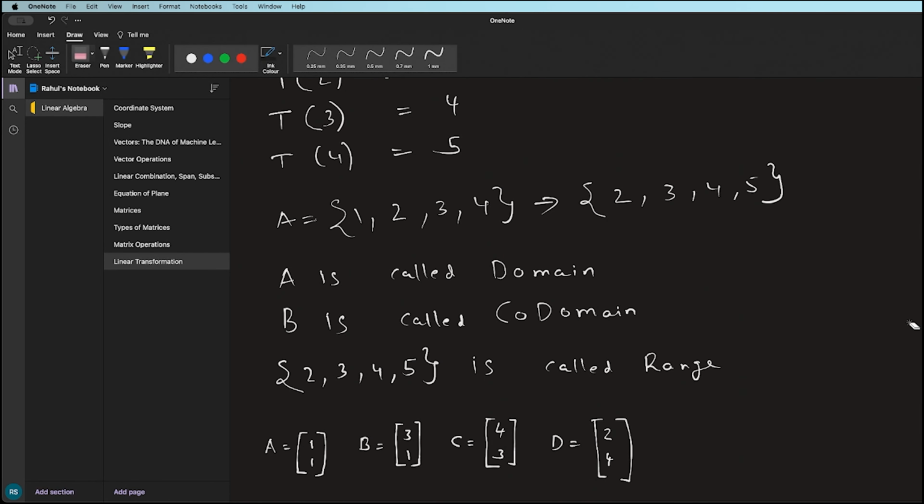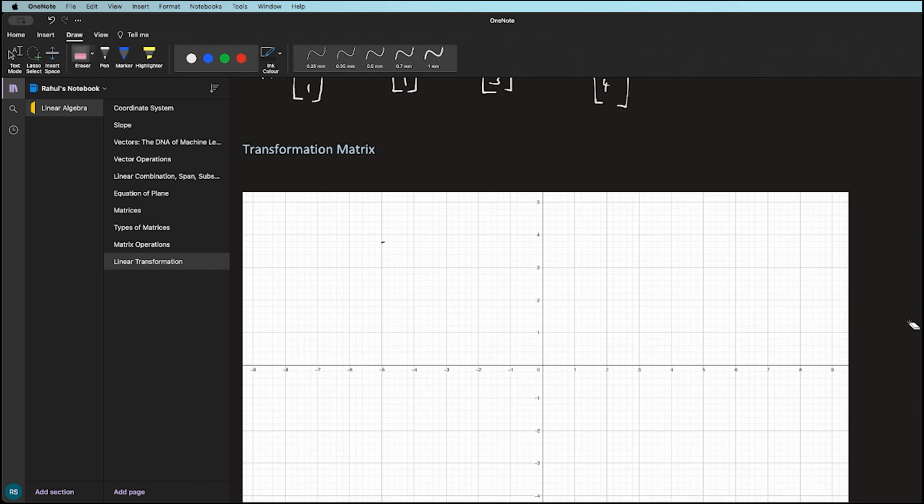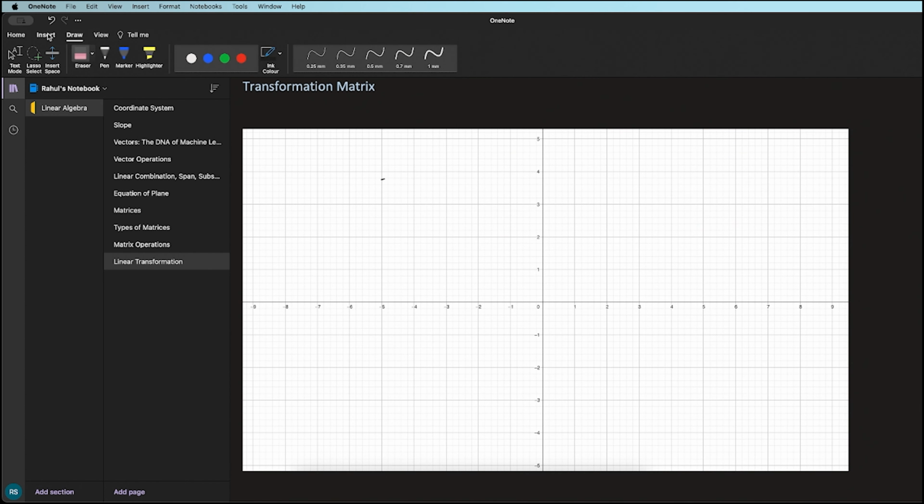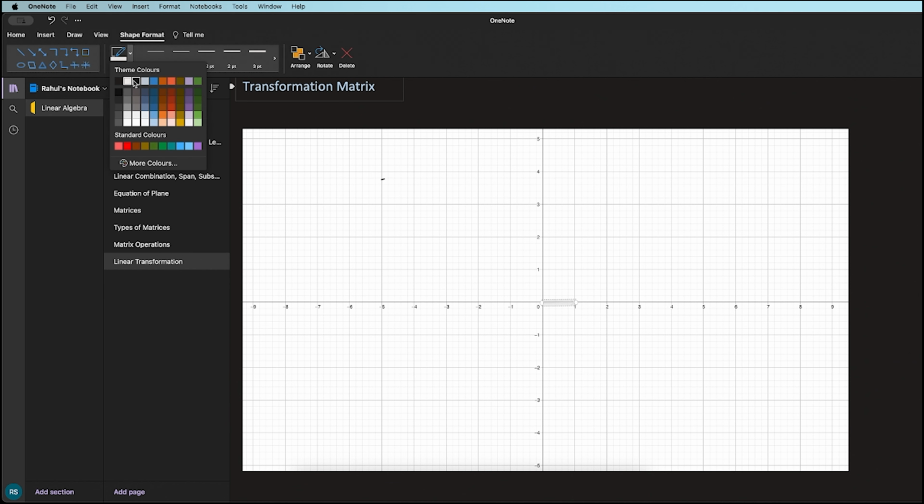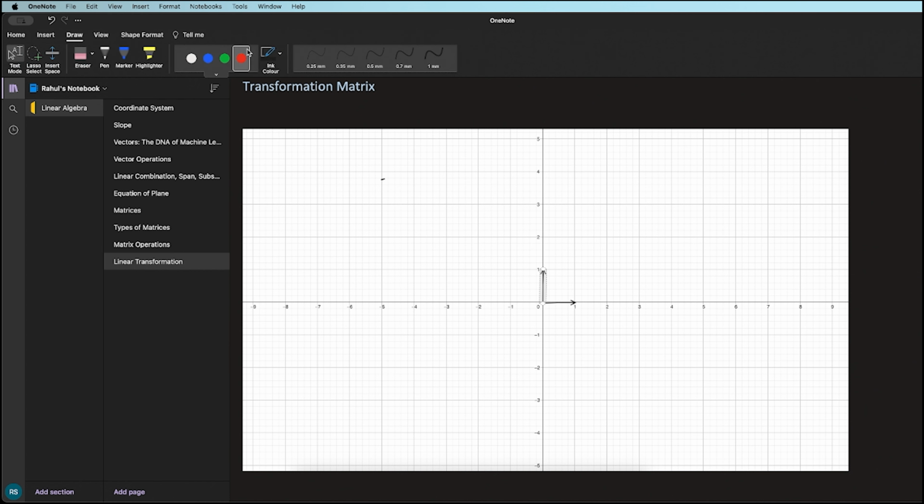So the next topic that we are going to learn is the transformation matrix. In this case, we can understand with the help of the standard basis vectors. The standard basis vectors are denoted by i hat and j hat. So this is the standard basis vector i hat, and this is j hat.